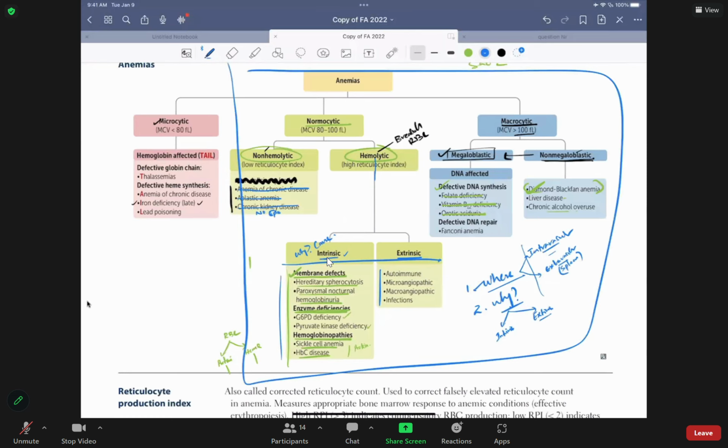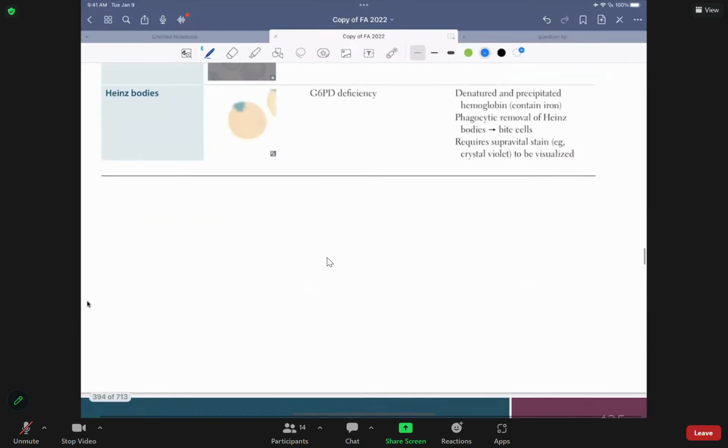Like when I see a question, my eyes scan for MCV. If they don't give MCV, it's going to be a little hard, and I look for different things like this chart. So you should be able to write this. It's not hard. Take a piece of paper, except my microcytic. See if you can write everything else without looking. If you miss it, okay, but don't look at it.